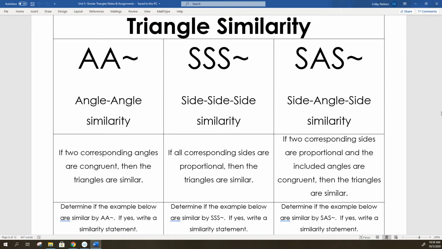You set up the proportions, and you divide the ratios, and you make sure that you have the sides that are matching up from one triangle to another. They must match up. And side angle side would be you have sides that match up, and their ratios are the same, and the angles in between them from one triangle to another are the same. Okay, so as we do some of these, you'll see what we're talking about here.